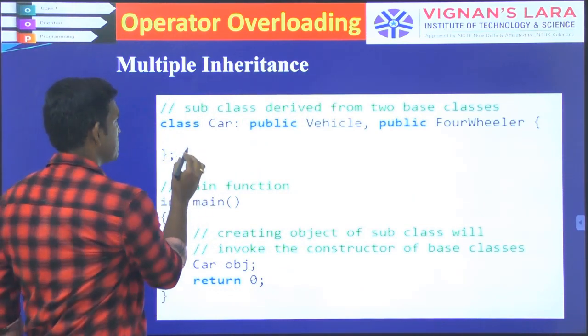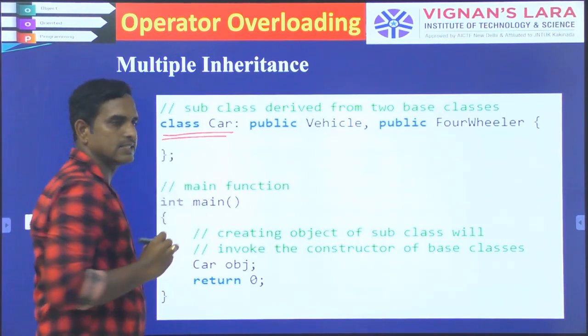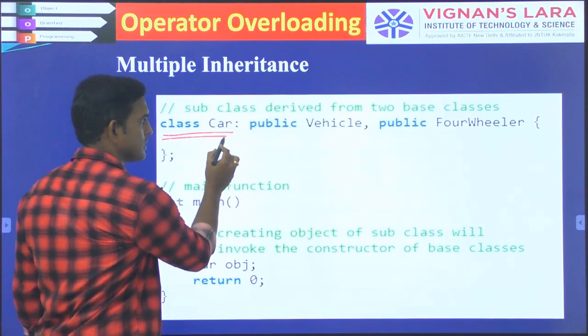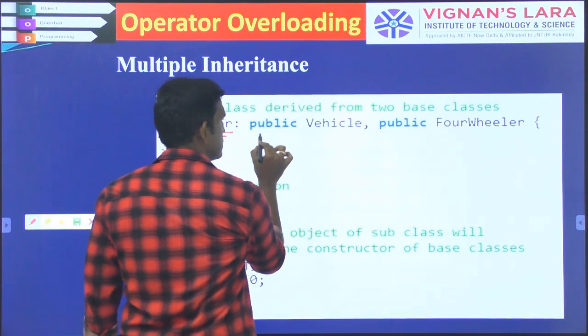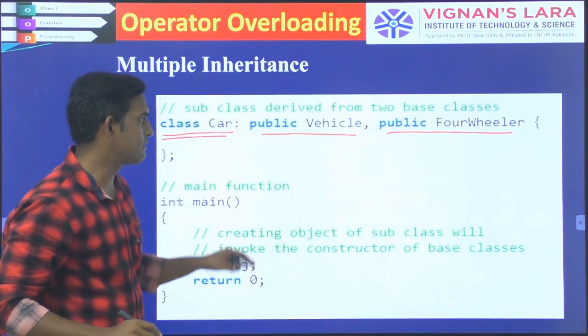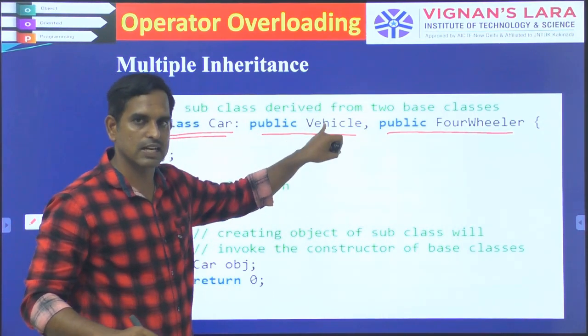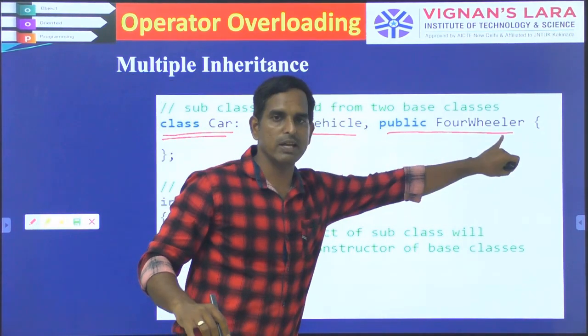Multiple inheritance will be implemented in this manner, where class car is your derived class. After that, you have to specify the 2 classes from which you are inheriting. That is, you specify public vehicle, the first class I am inheriting, comma, public 4-wheeler.